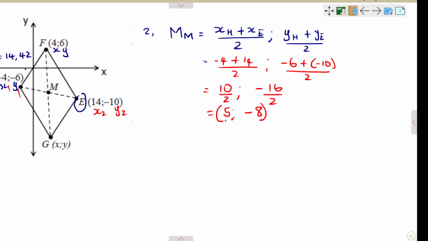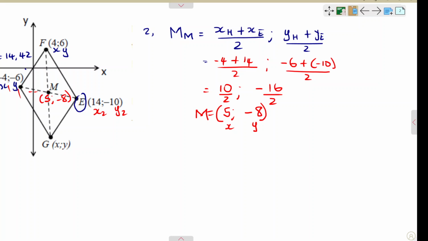So this now is my x and y coordinate of the midpoint M. The x value is 5, the y value is -8. Yeah, it makes sense because if you look at this point, let me make it straight.